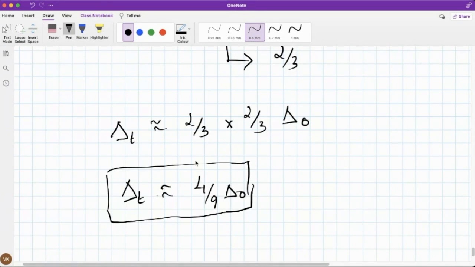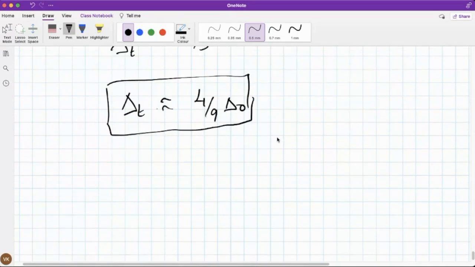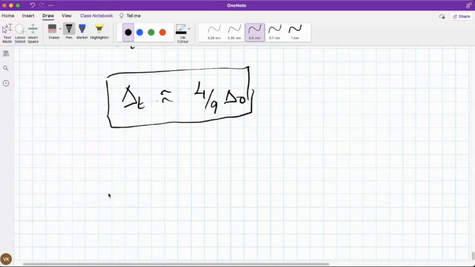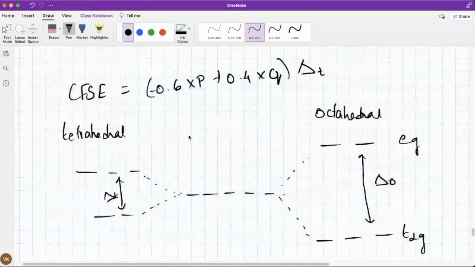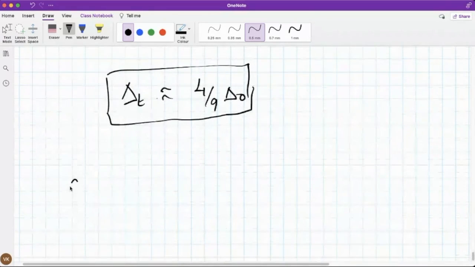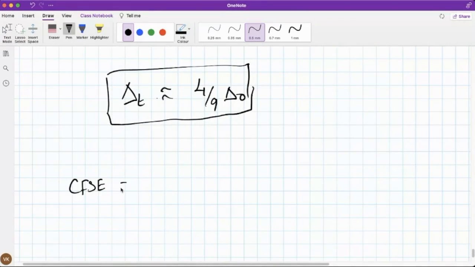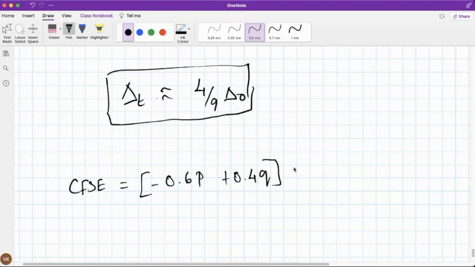So you can calculate like you regularly calculate the CFSE. For example, CFSE is equal to minus 0.6 P plus 0.4 Q delta T; you can calculate in the same way.